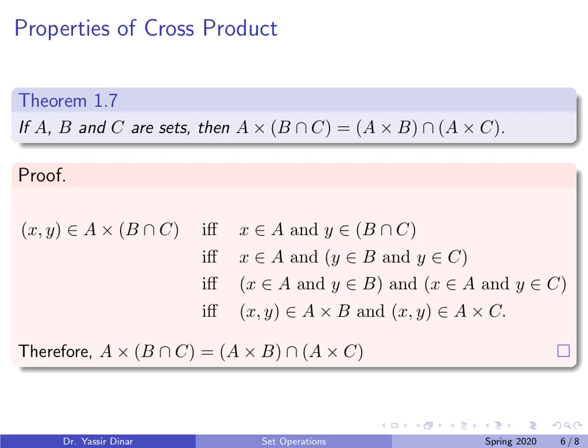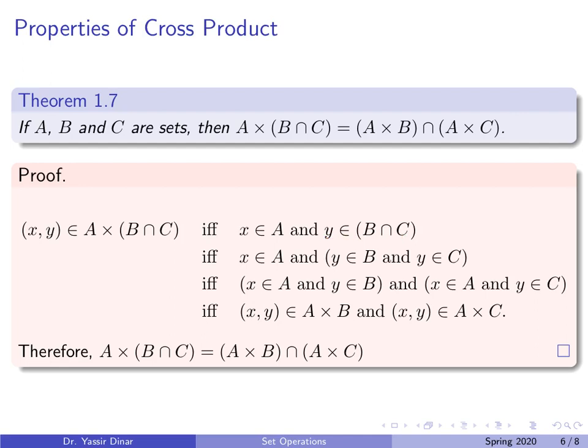Now I prove this theorem by using a biconditional proof. We'll take an element (x, y) because this is a cross product. So all elements will have this form (x, y), where x belongs to A and y belongs to B intersection C. This statement happens if and only if x is in A and y is in the intersection.